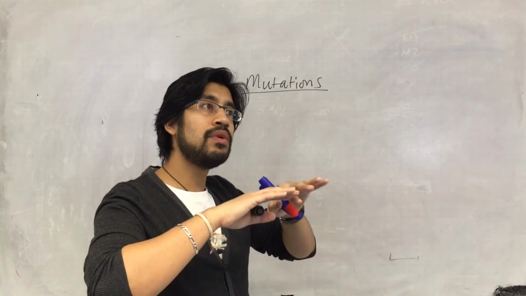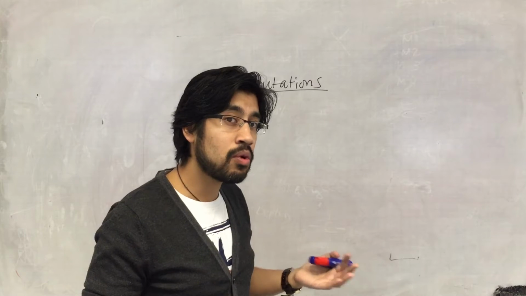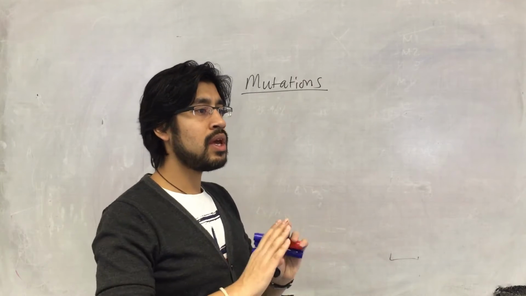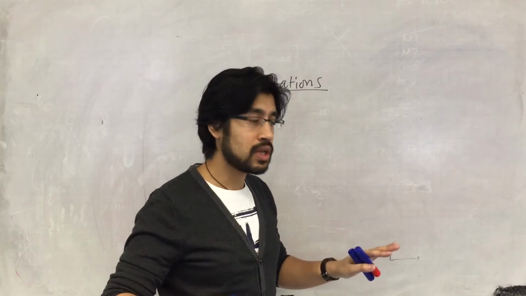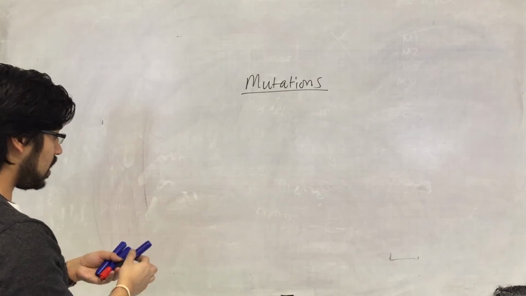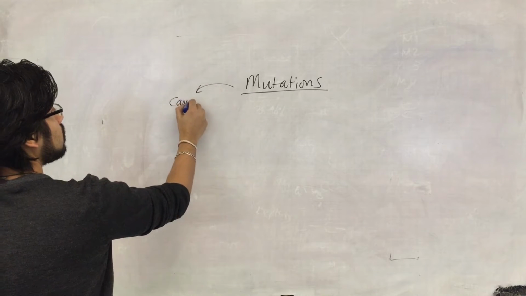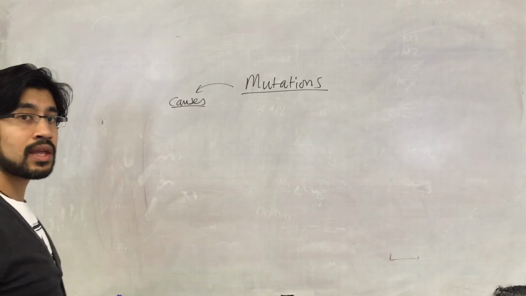So we've already generally talked about mutations and their consequences, but very briefly and maybe very superficially. And so we'll now talk about mutations. So first of all, let's just talk about what the causes of mutations can be.